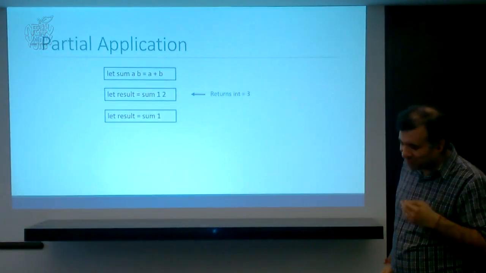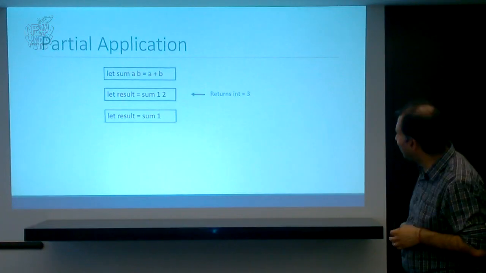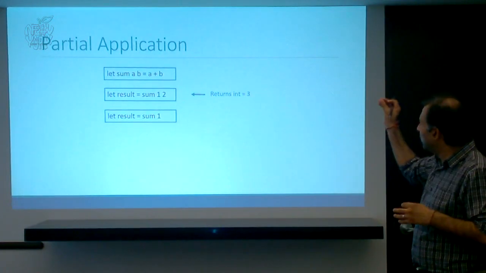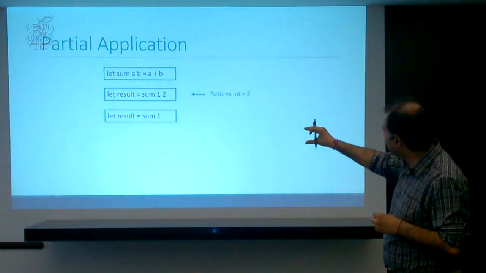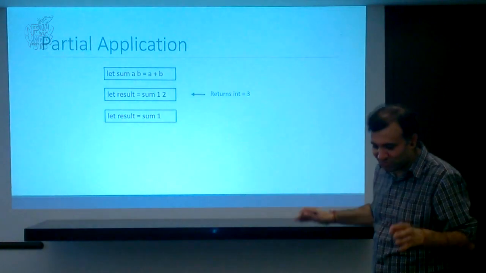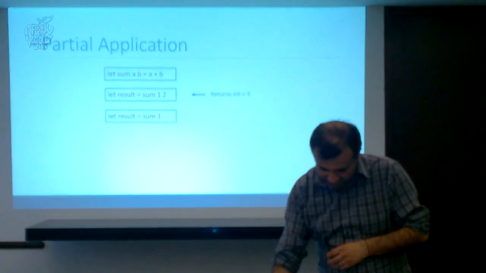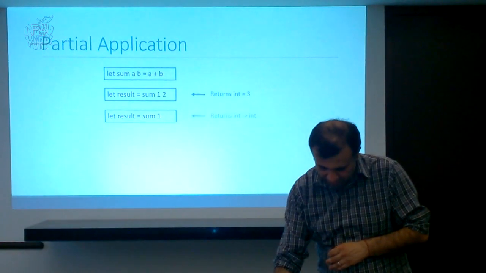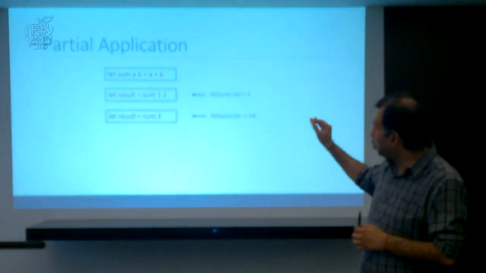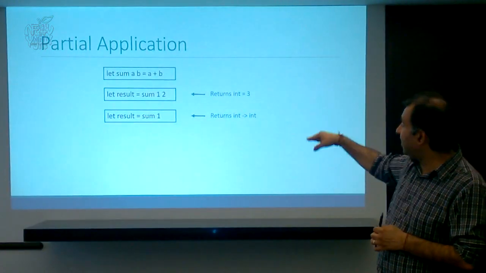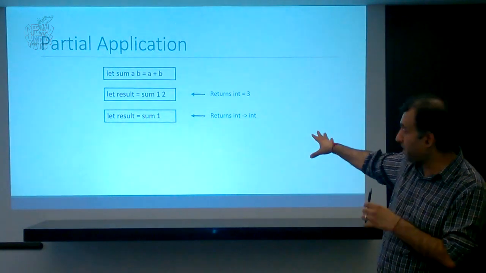Again, in functional programming, you will have these complicated terms like closure and all those things that when you pass these variables and you complete the function, you obtain what is called as a closure, but I don't want to go too much into the functional programming. What I wanted to illustrate here is you have taken one function and created another function from it.